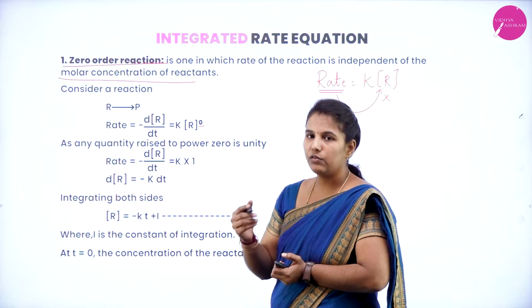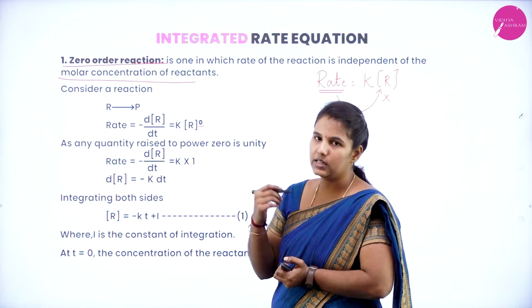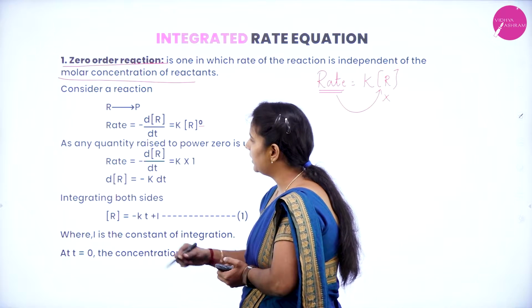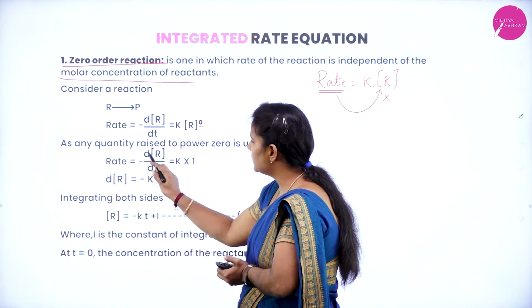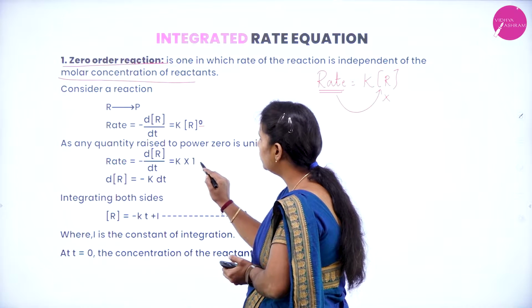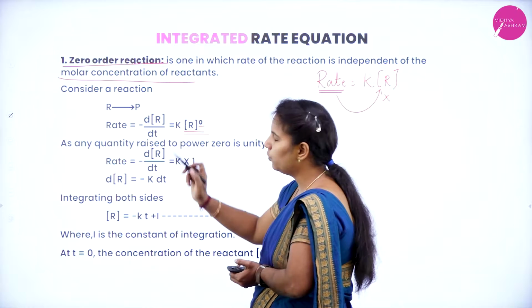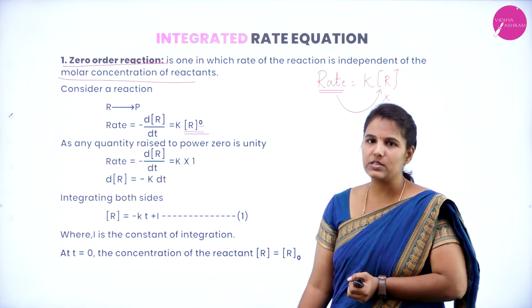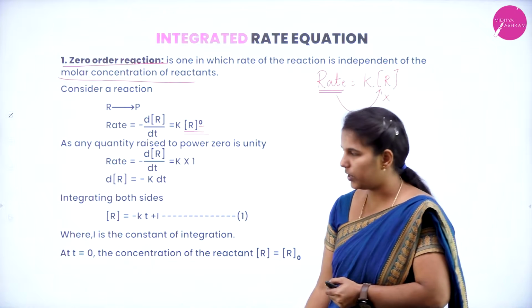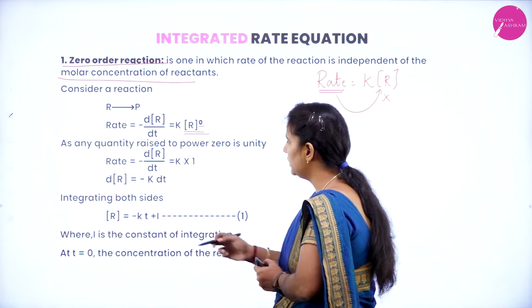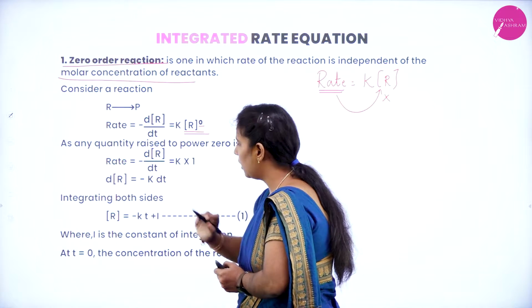We know that if anything to the power 0, it is equal to unity. Then the rate equation can also be written as rate is equal to minus dR divided by dt, which is equal to k into 1. Why does this become 1? Any quantity raised to the power 0 becomes 1. So I can directly write this equation by taking dR outside.